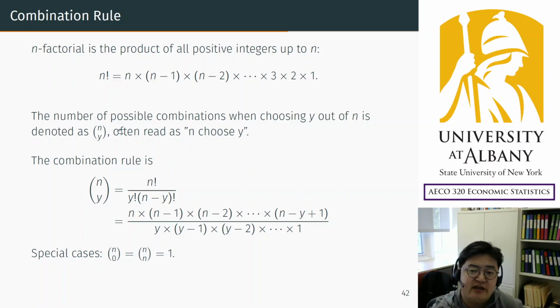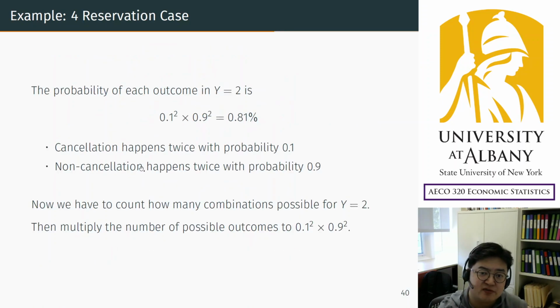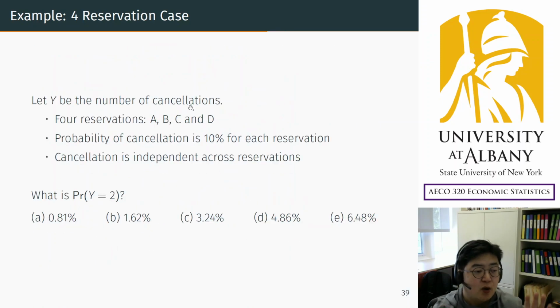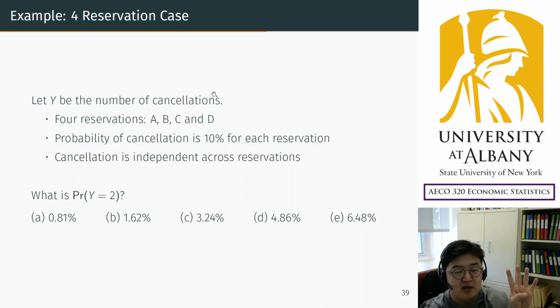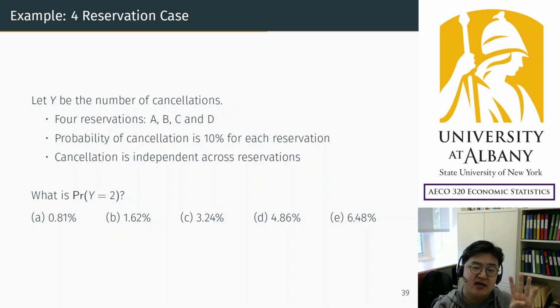So we define the number of possible combinations when you choose y units out of n possible candidates, and we denote it as n choose y. This is the notation. Back to our example, we have 4 reservations and we know 2 of them are canceled.